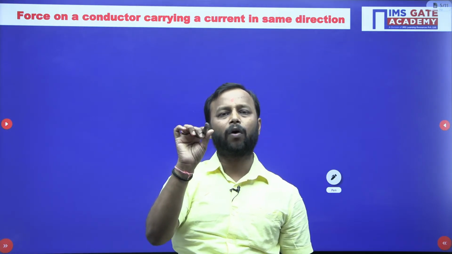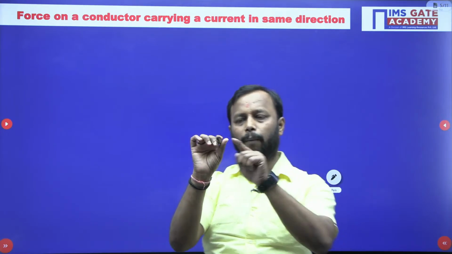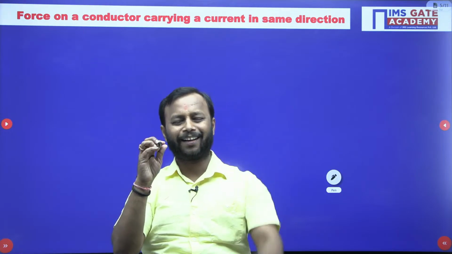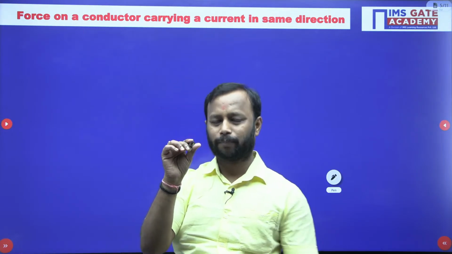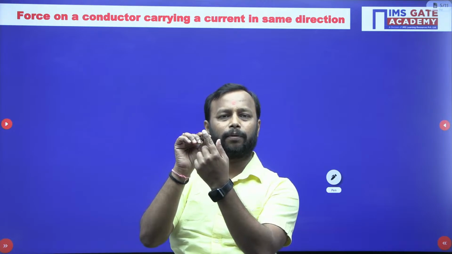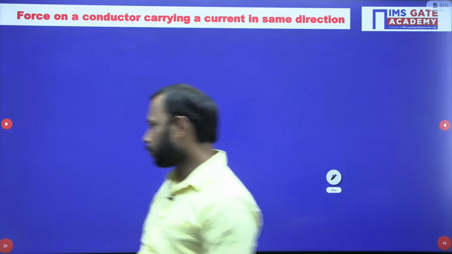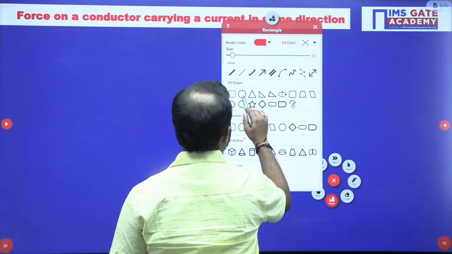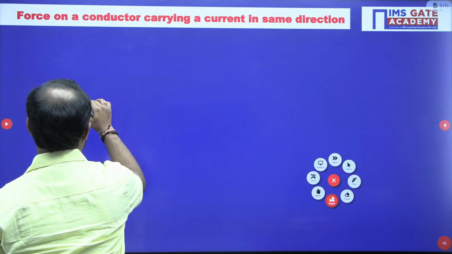If you compare this with an arrow, in the arrow you will see a tip. So it will be a dot. Let me take two conductors of infinite length.